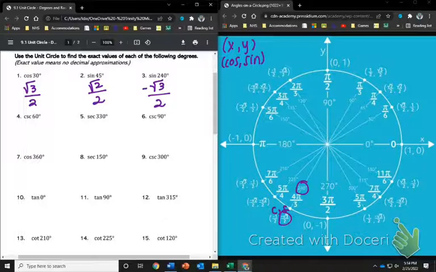All right, so if we look at number 4, this is where things get a little bit different. We have cosecant of 60 degrees. So let's pause. Let's talk about cosecant. Remember, there are the original 3 trig functions that you know: sine, cosine, and tangent. And I said you have reciprocals of these.